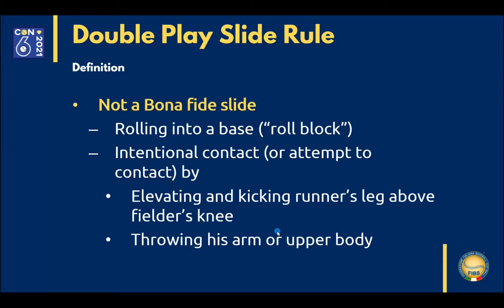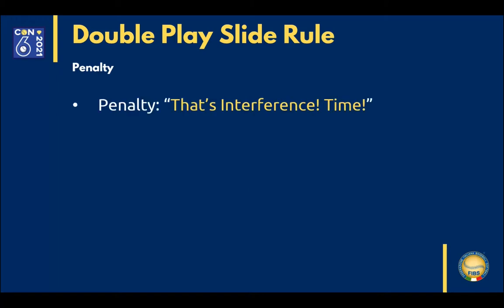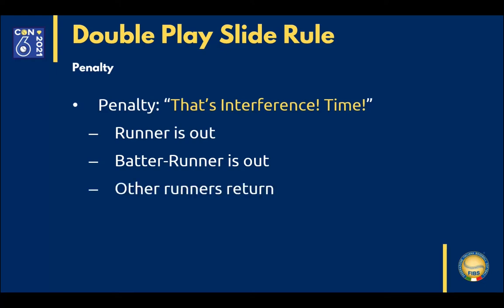They eventually will constitute an interference. And if you're not engaging in a bona fide slide and there is contact, remember the three prerequisites, then you will have interference. And of course, time. The ball is dead. The runner who is doing the interference is out, and the batter runner is out as well. So we have 2 outs on this play for breaking up the double play. All other runners return to the last legally touched base.